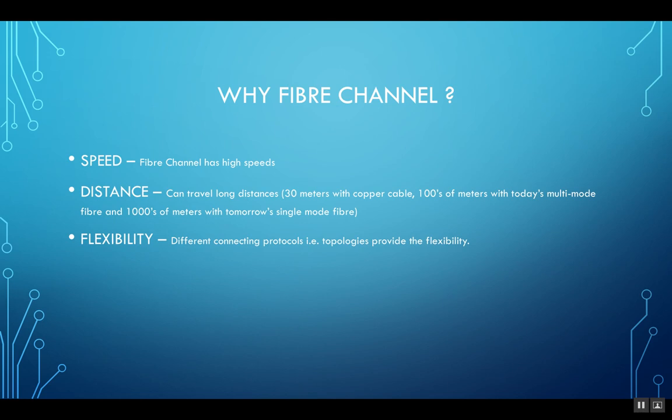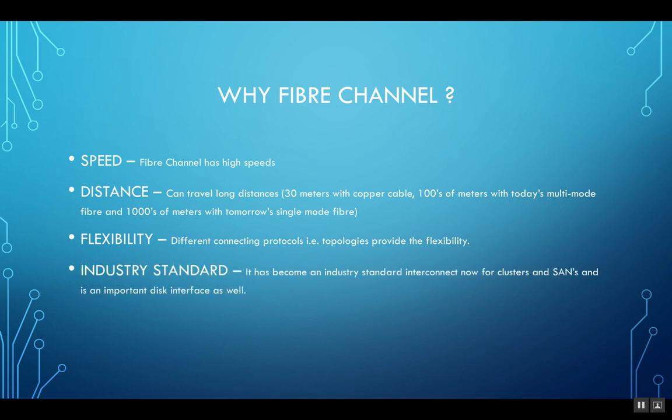It also offers flexibility, with different connecting protocols, that is topologies, which is the reason behind its flexibility and is going to be our main topic today. I'll be coming to it in a couple of slides. Most importantly, because of the above three factors, it has now become an industry standard interconnect for clusters and SAN. It is also an important disk interface as well.